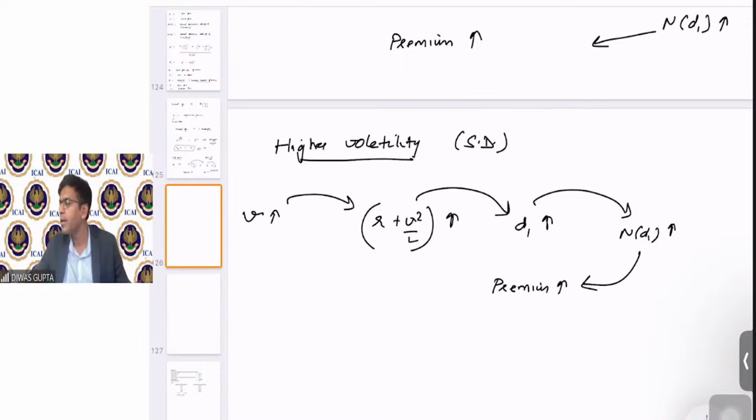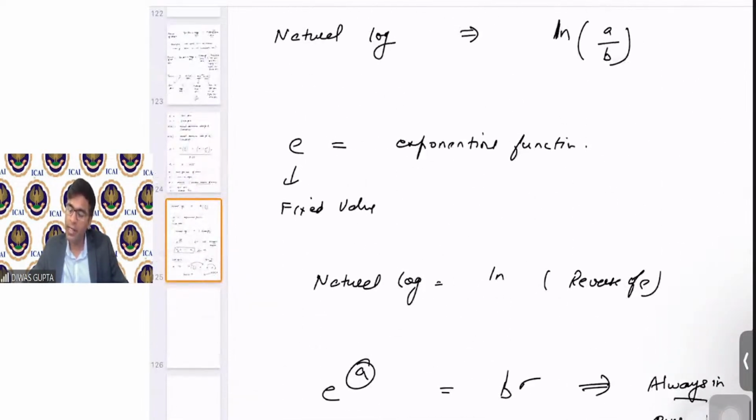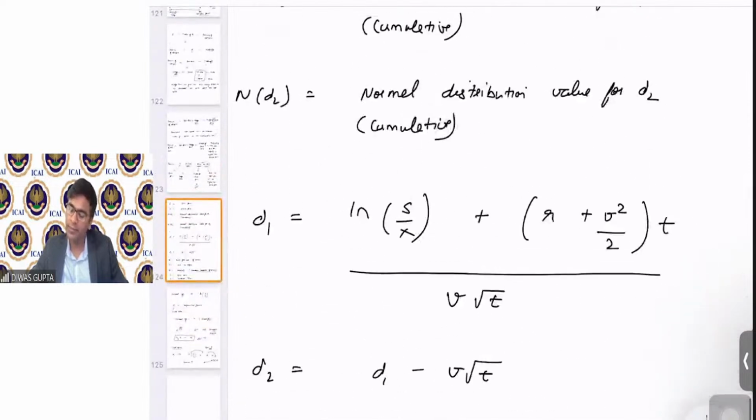Clear, students? Tanisha asks: could you please tell why we are always taking the risk-free return in the formula in the form of R, against the market rate of return? Tanisha, because we have already taken volatility separately. See what we have done. We have taken the risk-free rate of return, plus the standard deviation of the returns here, squaring that.